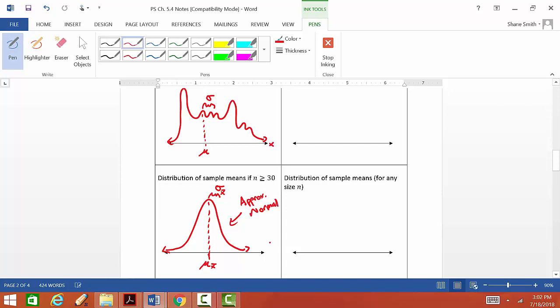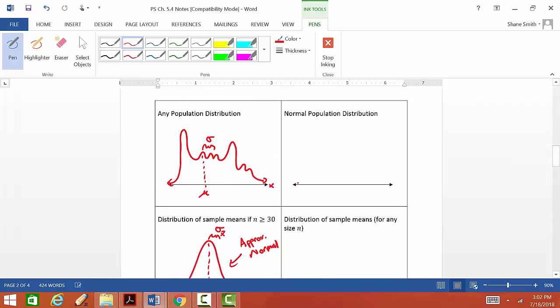And that's very important. It doesn't matter what your population is. If your population is really weird looking, it could be bimodal, it could be skewed, it could be whatever, you always get a normal distribution every time your sample size is large enough.